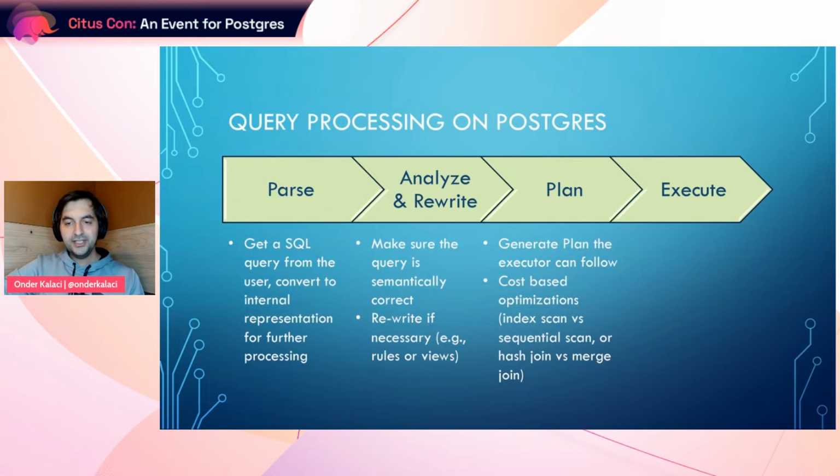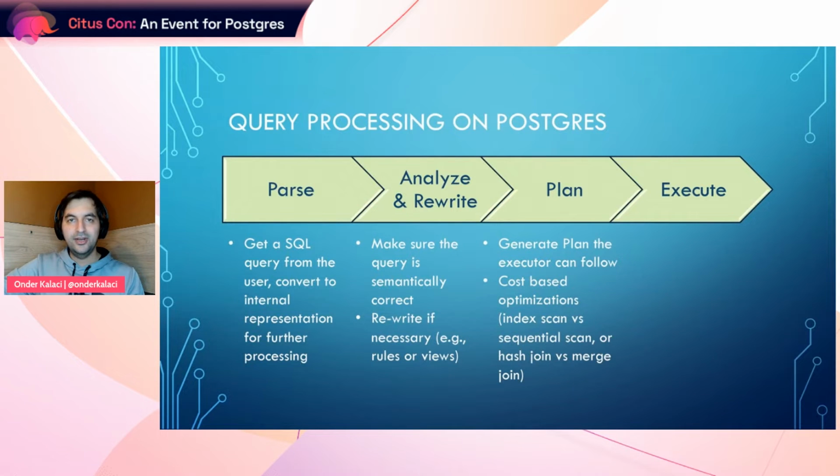The third stage is planning. Planning is probably the most complicated and most comprehensive part of query processing from Postgres' perspective. The planner generates a plan so that the executor can follow it to execute the query. For example, if you select from a table, the table might have an index or might not.